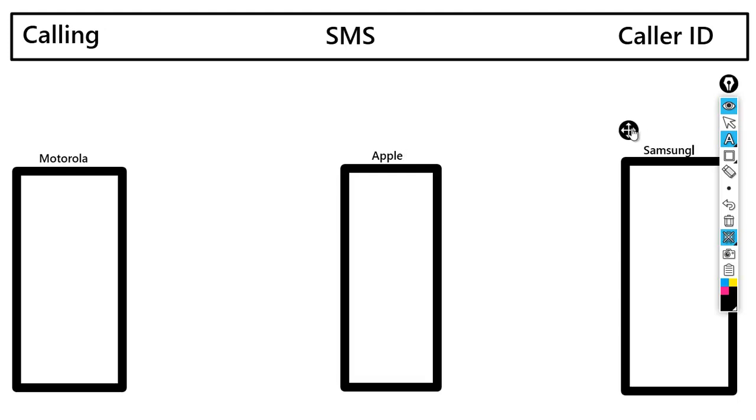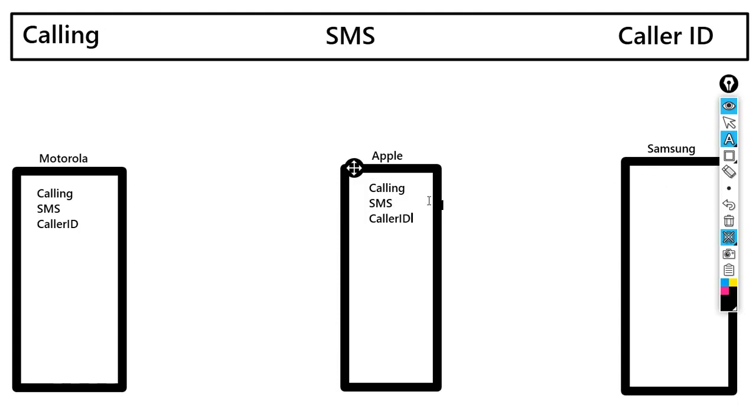Now there are three different brands, but there are a few things that we need to implement. This should have calling, SMS, caller ID. In the same way, Apple should have calling, SMS and caller ID.